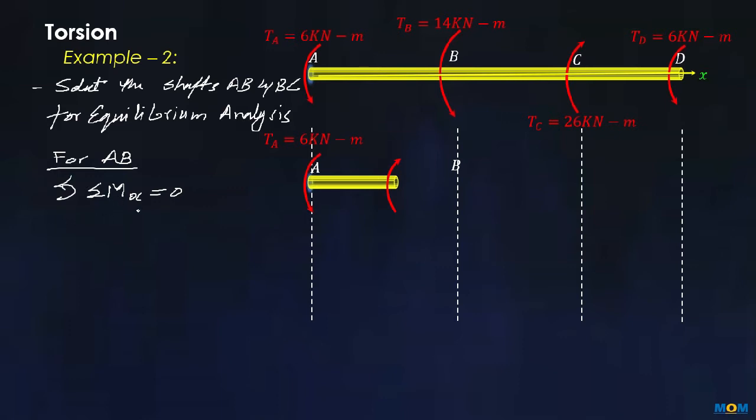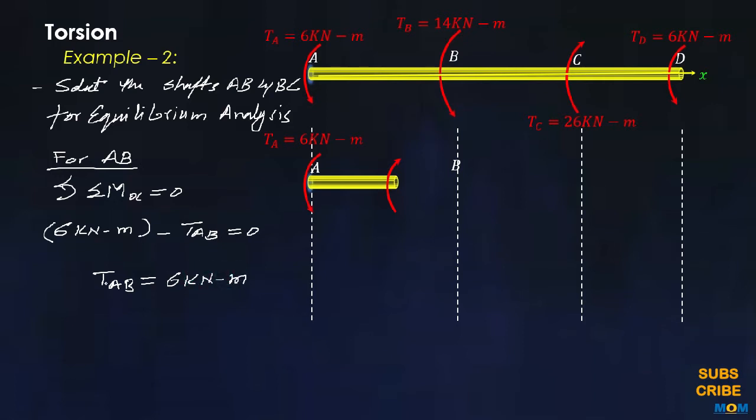So starting from left, this is 6 kilonewton meter minus TAB is equal to 0. So we have TAB is equal to 6 kilonewton meter.